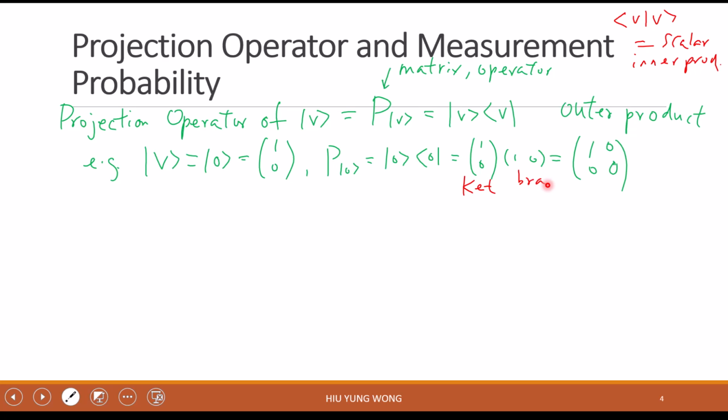You go through the matrix multiplication. I hope that you can practice. Don't mess this up. Row times column gives you this one. Row times column gives you this one. This row times column gives you this one. This row times column gives you this one. So you get this matrix, 1, 0, 0, 0, right? And this is the projection operator.